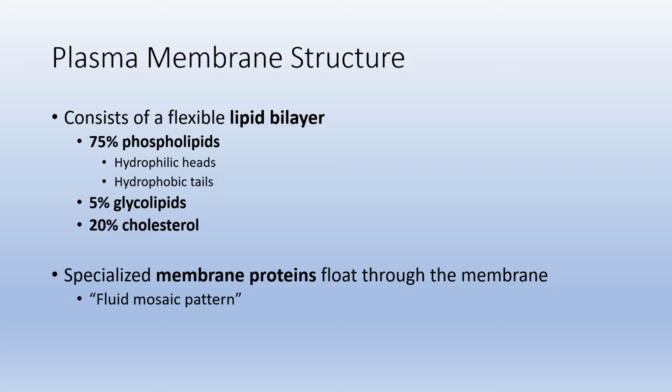We will also see those hydrophilic heads facing inside of the cell, which is also good because the cytoplasm or the jelly of the cell is primarily water as well. We will also see some glycolipids, and the remainder of that boundary will be cholesterol.